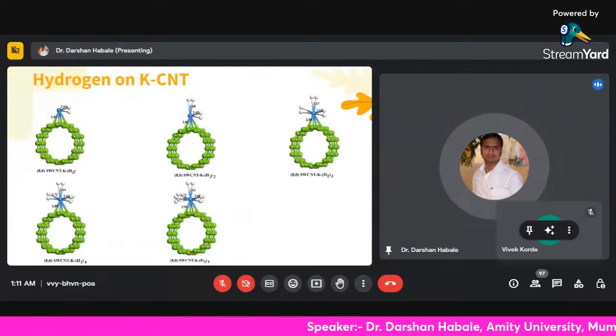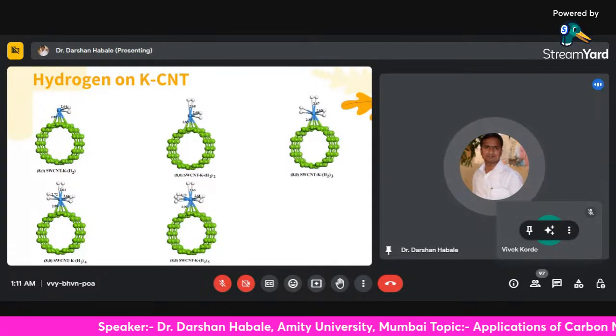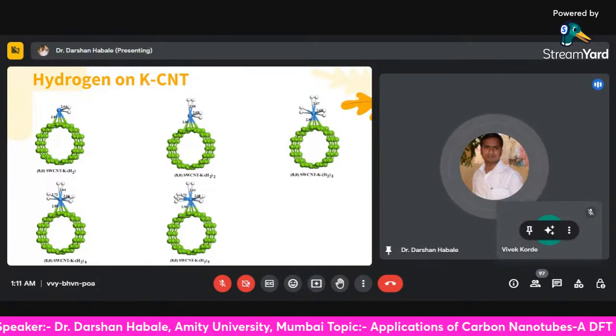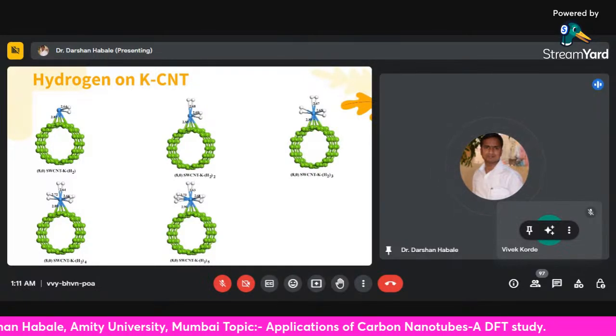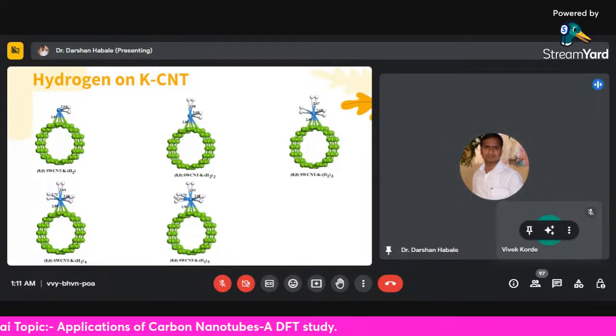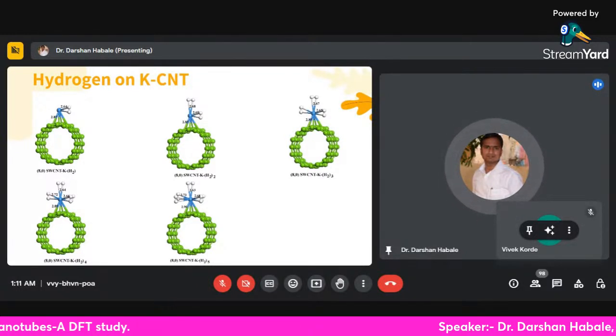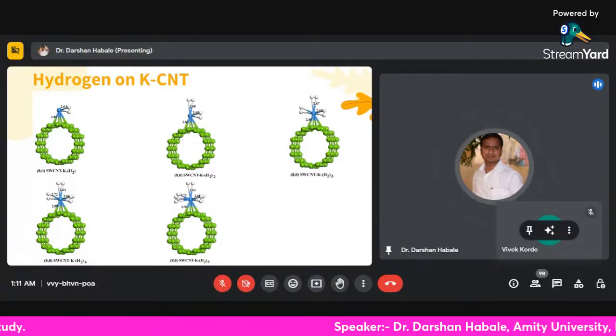And this is the diagram where the potassium is attached on top of the 80 carbon nanotube, also with one hydrogen molecule. First we attach the single potassium atom on the carbon nanotube, and then we try to increase the number of hydrogen molecules on top of it.